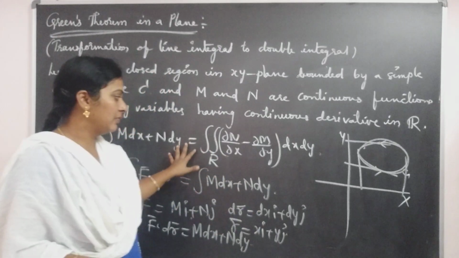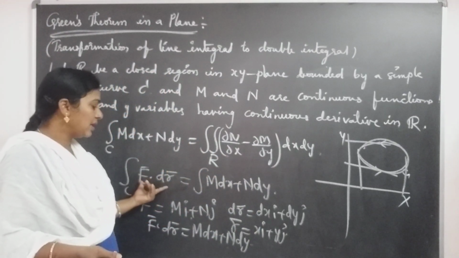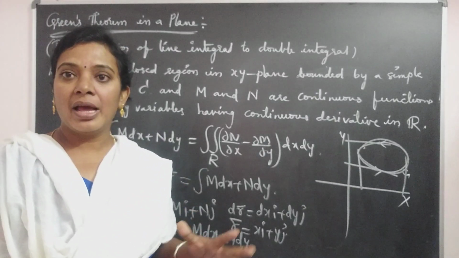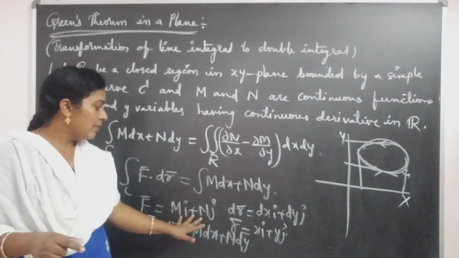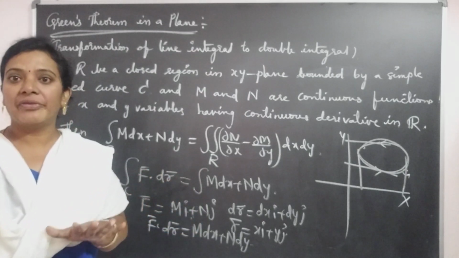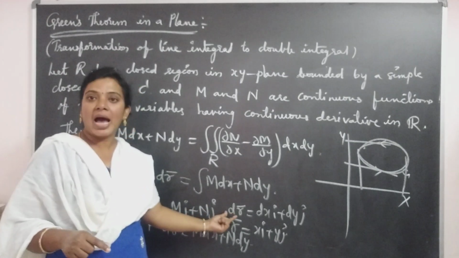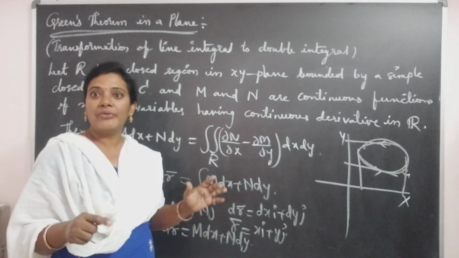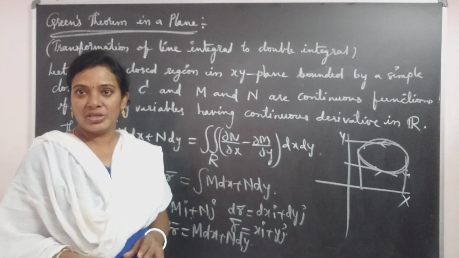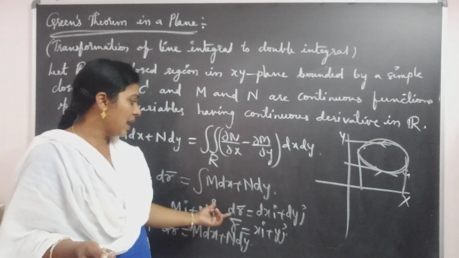That is for the normal curve. But in the circular motion, we can take F bar as a function in a circular region, indicated in vector form as M i plus N j. Here M and N are functions of x and y, and the r vector is the position vector of the xy plane, so r vector is equal to x i plus y j, where x is the x-axis and y is the y-axis.